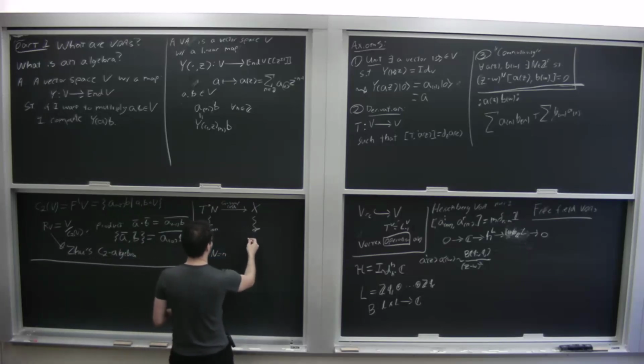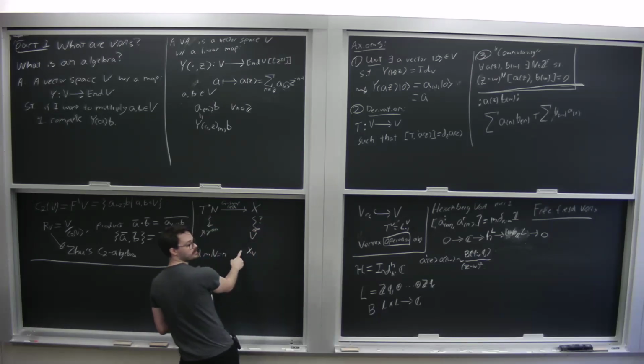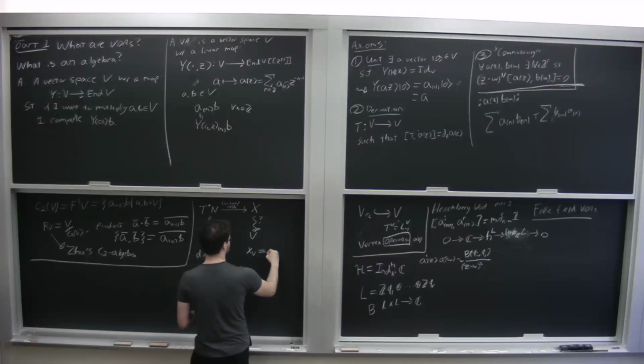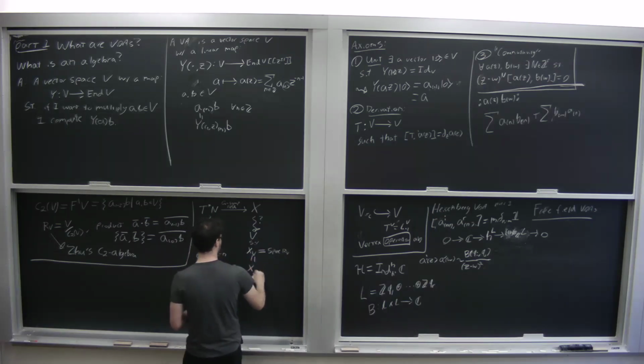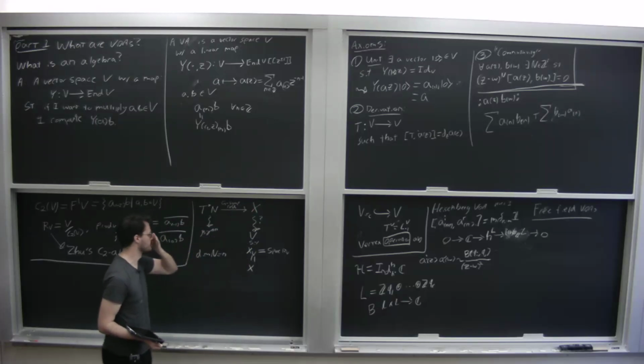But yeah, so the question is, is there some VOA such that the associated variety, which we usually call X sub V, which is Spec or MaxSpec, depending on if you care about the scheme structure or not. So this would be called a chiral quantization if I can produce some vertex algebra whose associated variety is the thing I started with.